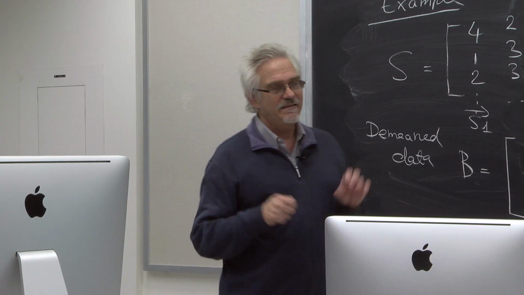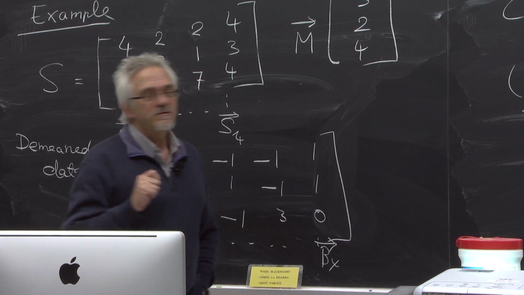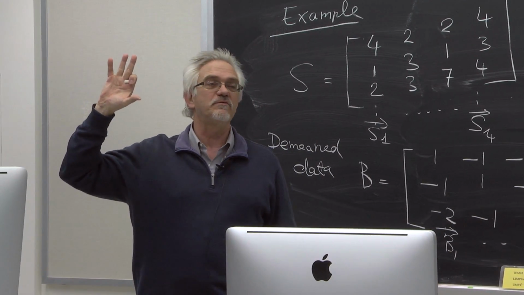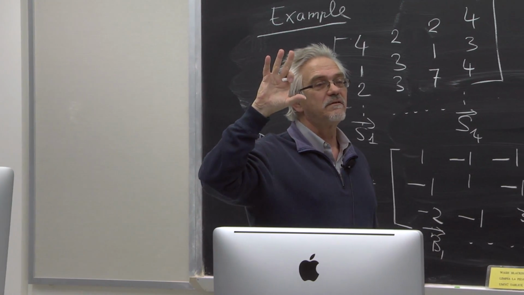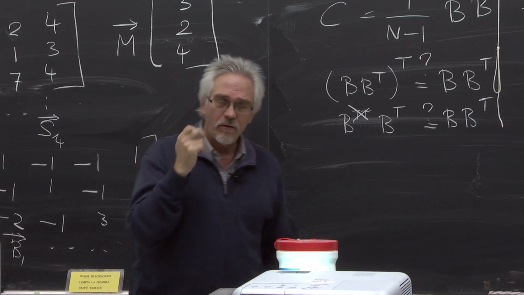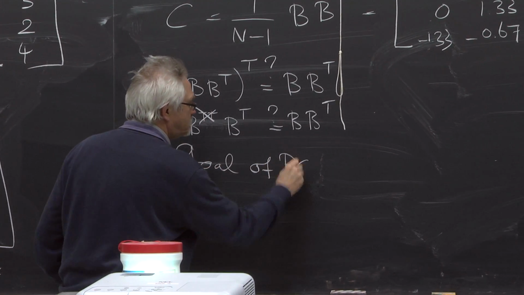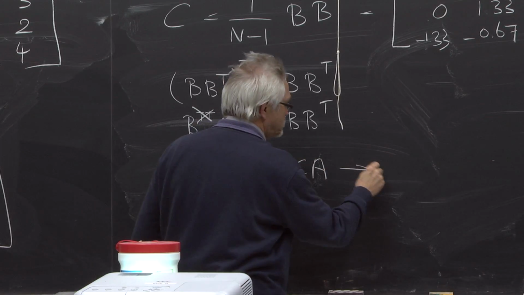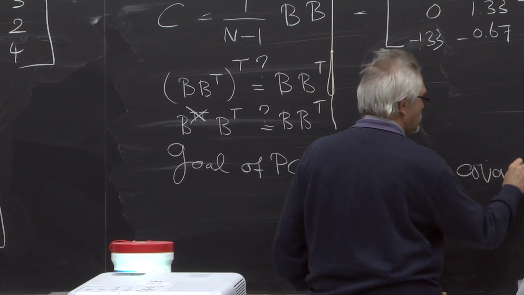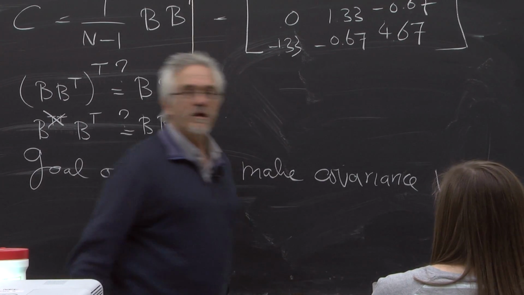So now we go to the next goal of the PCA. The goal of the PCA is not only to translate the axes and use that to get a better sight on how your observations are arranged, but the next goal of PCA is to make all covariance vanish.